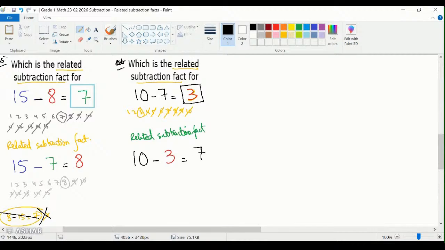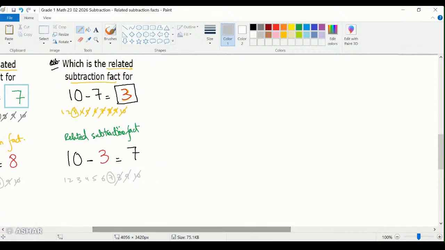Agreed? Thank you. So we can always confirm, we can write the numbers 3, 4, 5, 6, 7, 8, 9, 10. If we subtract 3 numbers, we are left with 7 over here. Agreed?